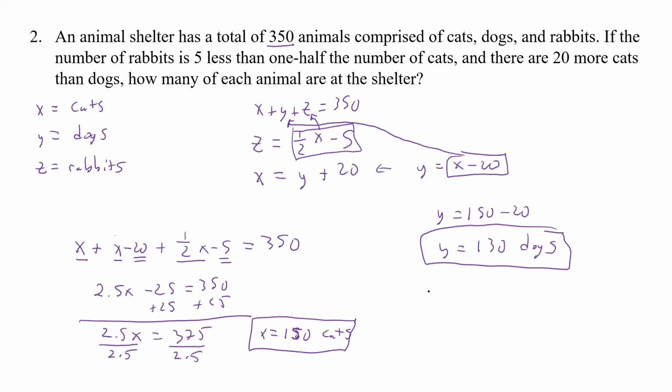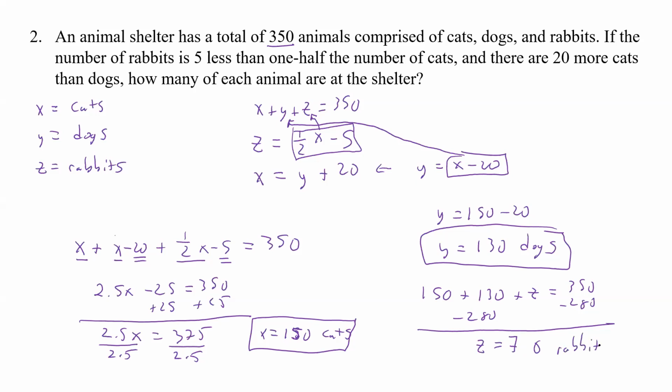So we can say 150 plus 130 plus z equals 350. So that's going to be equal to 280. So we subtract 280. And so z then is equal to 70. And so we have 70 rabbits.